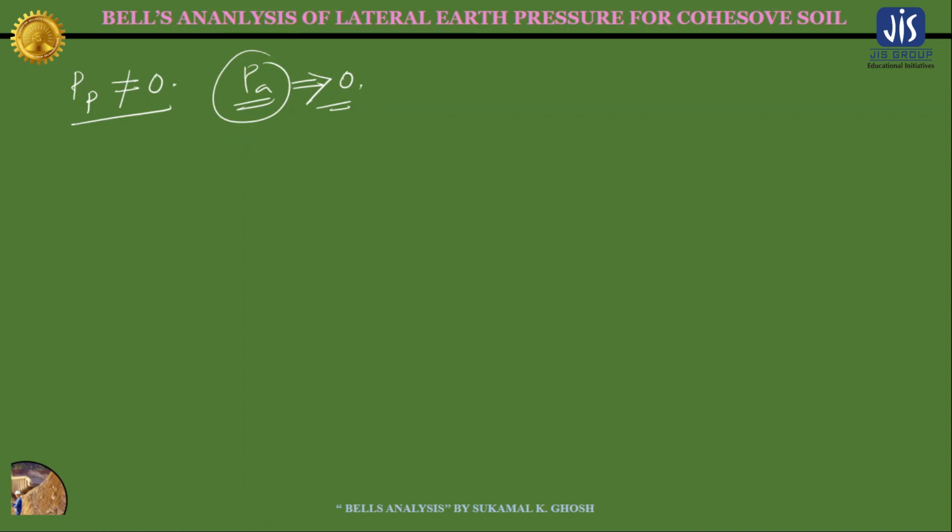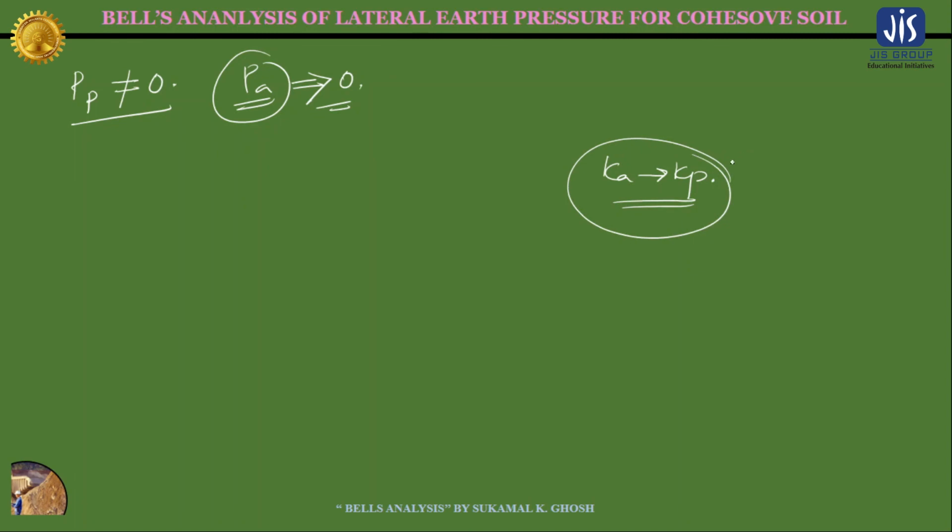Now if you recall our lectures on the analysis of cohesionless soil, for the cohesionless soil we calculated the active earth pressure values, and we discussed that if you want to calculate the passive earth pressure values, then we just need to replace the coefficient of active earth pressure, that is Ka, by the Kp.